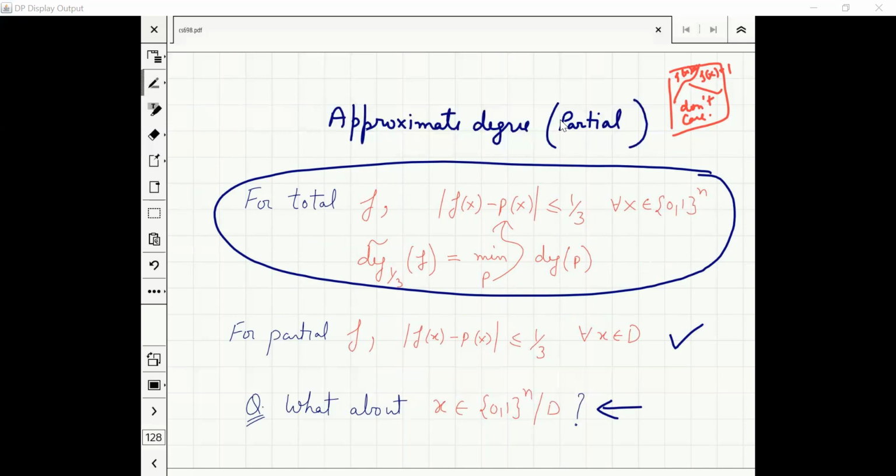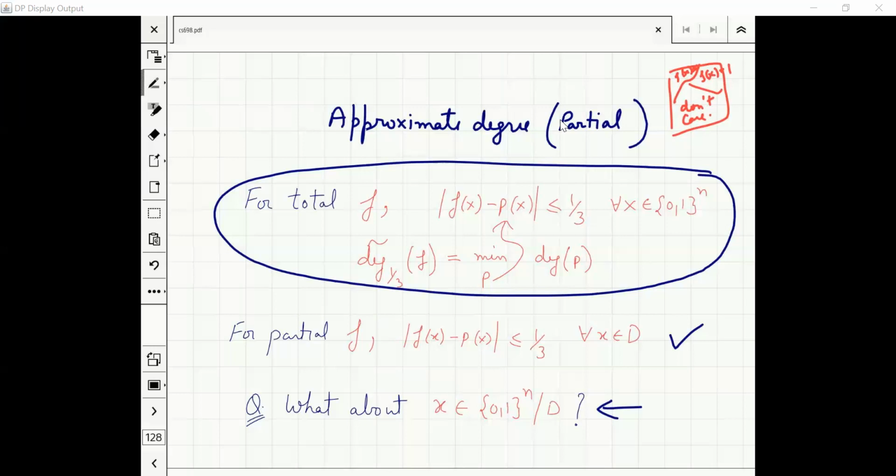For example, if you remember the quantum algorithm, you don't remember the quantum algorithm, but remember the point about the quantum algorithm, that the probability of acceptance was a polynomial. And that means whatever polynomial comes out of a quantum algorithm, the polynomial will always be bounded between 0 and 1.